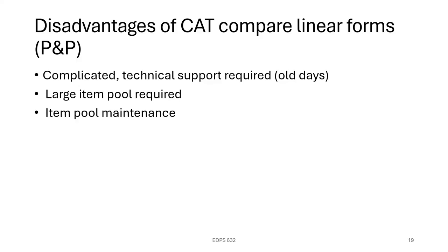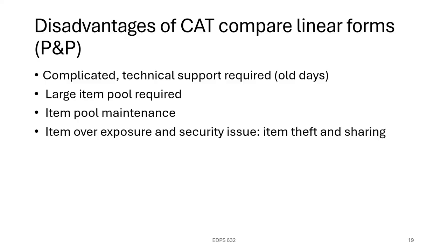And we need item maintenance because sometimes we need to retire an item if its content becomes outdated. Or if everyone knows how to answer this item, then this item should be eliminated. And we also need to control many security issues like test overlap or item overlap.